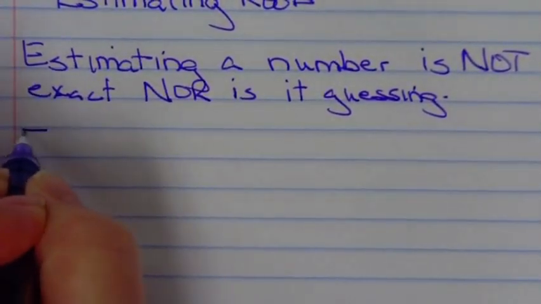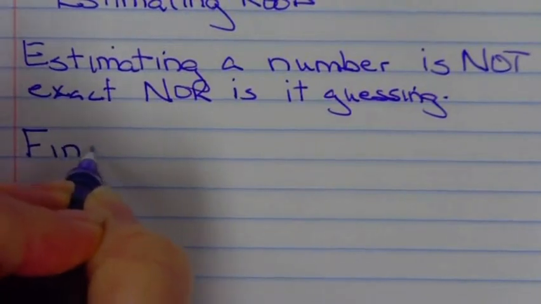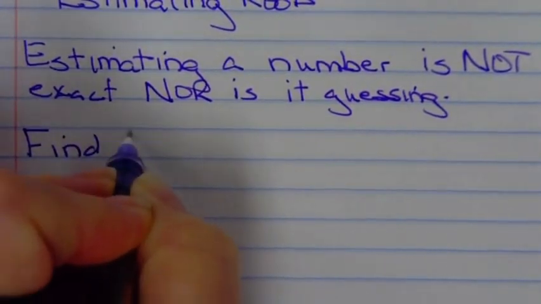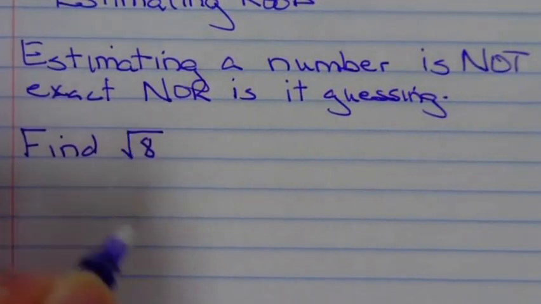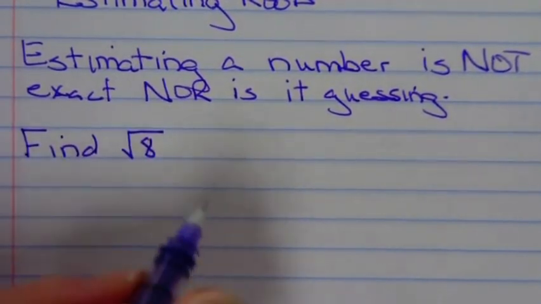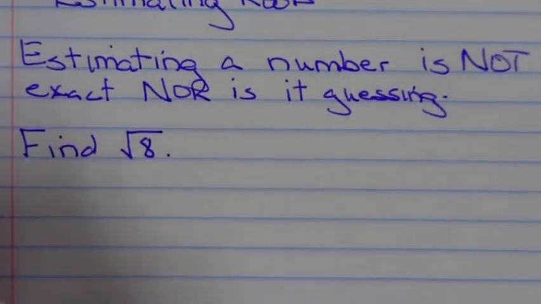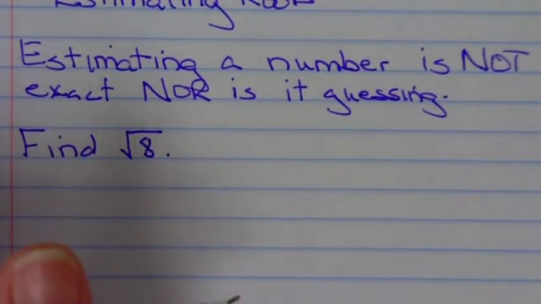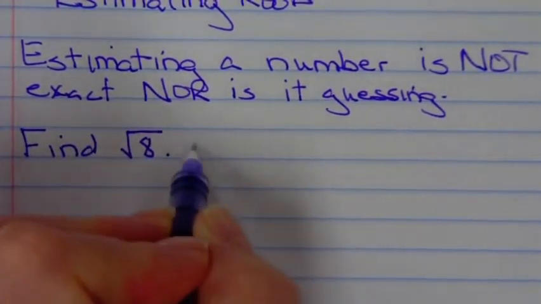So we're going to find the square root of 8, but we're going to estimate. We know that the square root of 8 is not a whole number because it's not a perfect square.